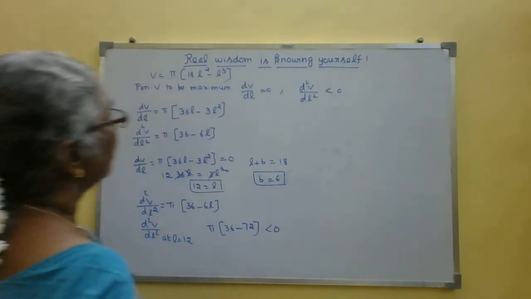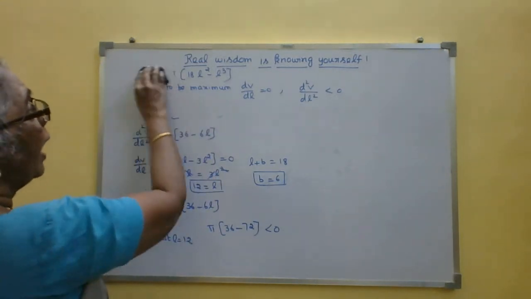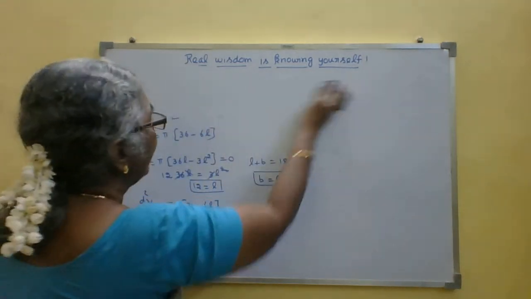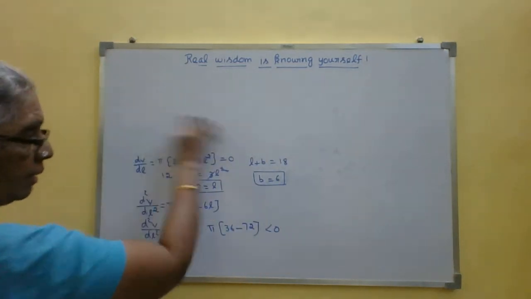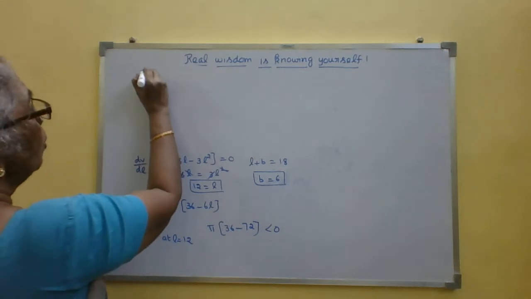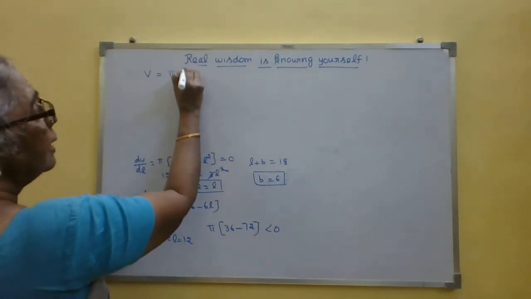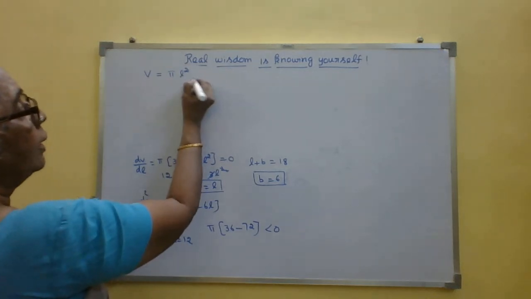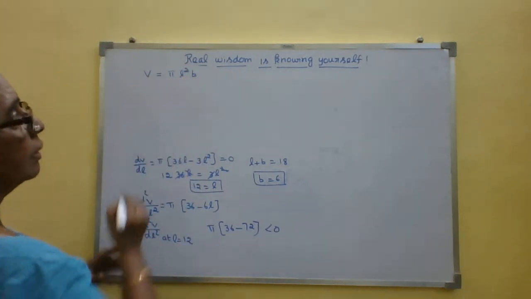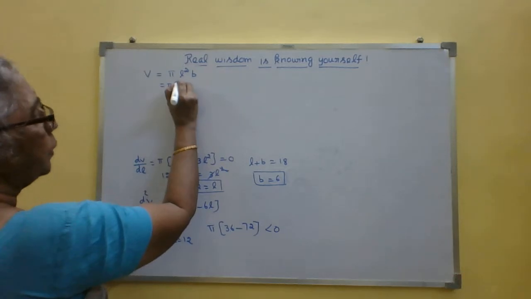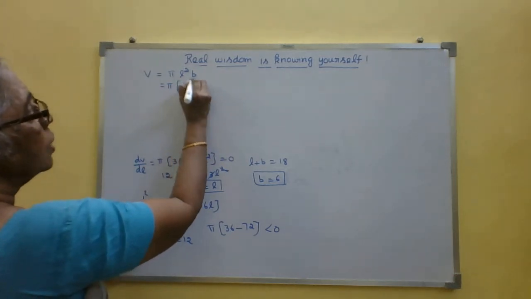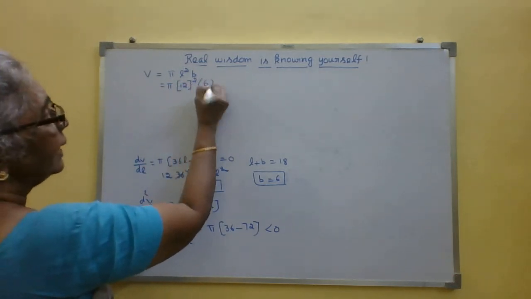Now the question is, we have to find the maximum volume and we have to write the answers. So you know now what is L and what is B. So the volume, you got the formula pi into L squared into B. So now substitute pi into L is 12, so 12 squared, B is 6.